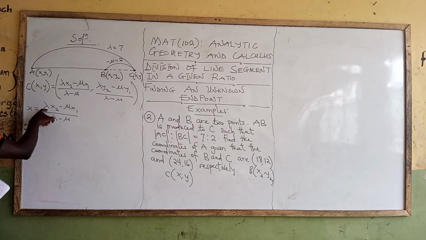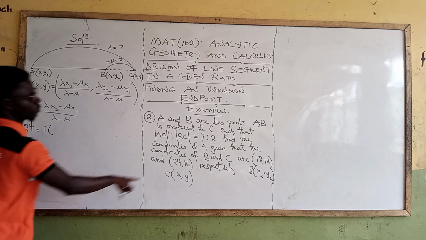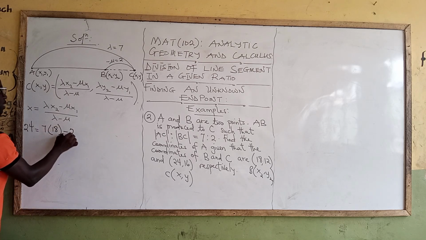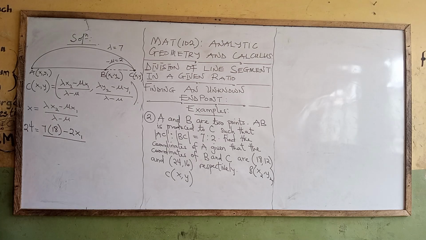Alright, so our lambda is given as 7 times our x2. Our x2 is 18 minus our mu. Our mu is given as 2. Then I don't know my x1. So this is what is going on. Sorry for that. Then our lambda, which is 7 minus 2.